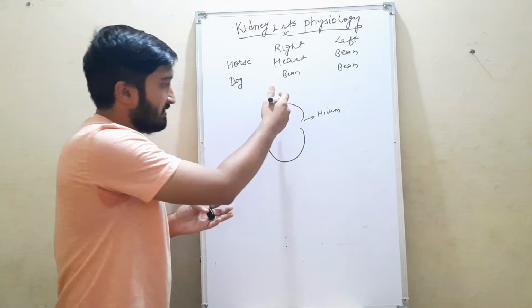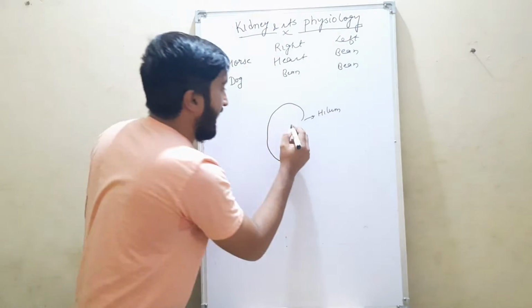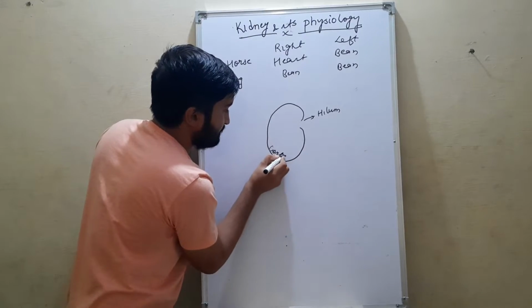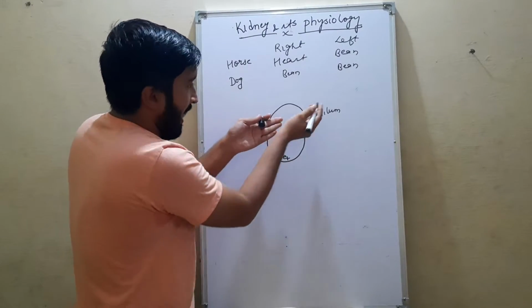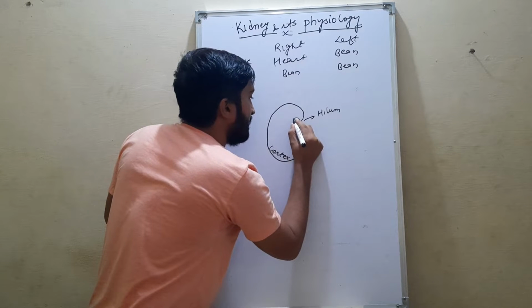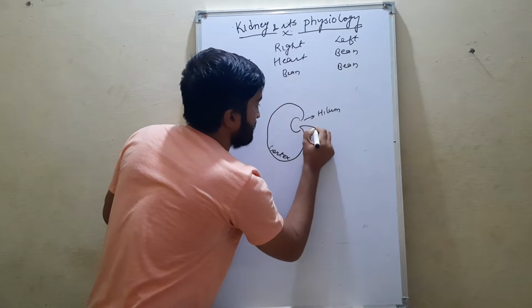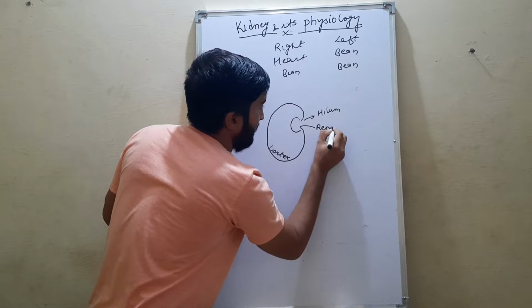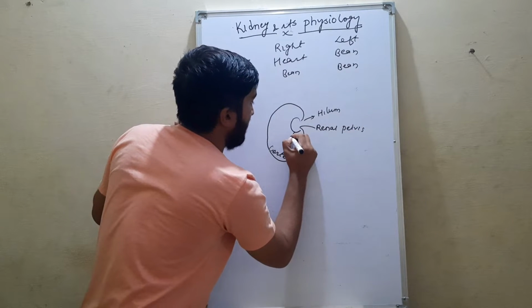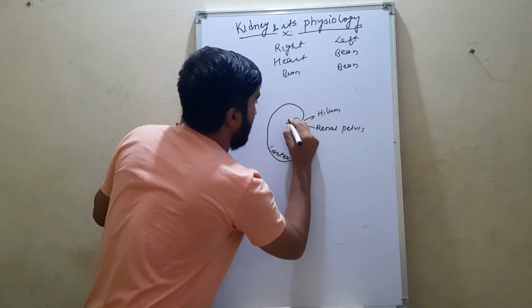Basically the central part of the kidney is called the medulla and the outer part is called the cortex. After the hilum, at the entry point, the kidney is made up of the renal pelvis, and the projections of the renal pelvis are called calyx.